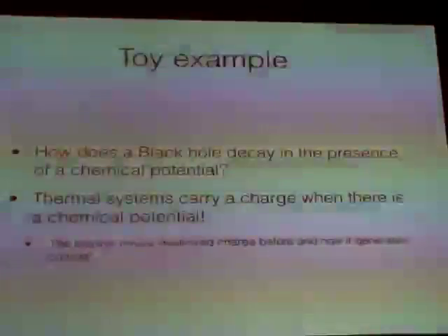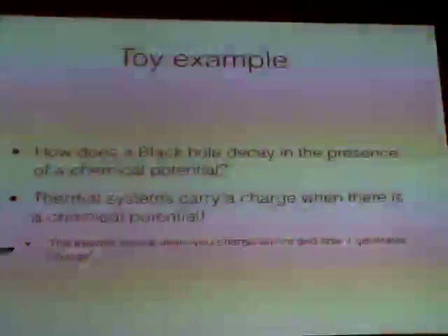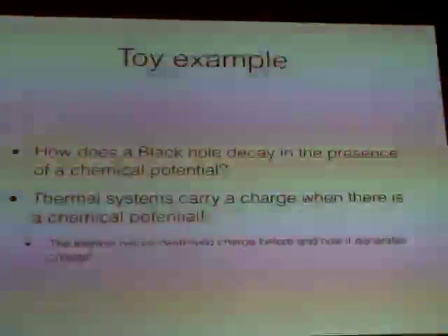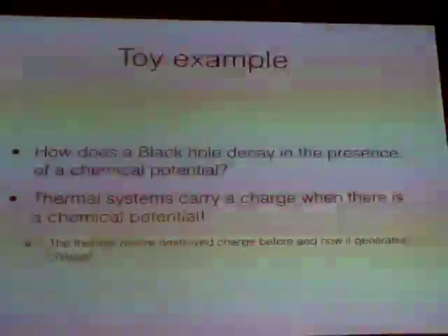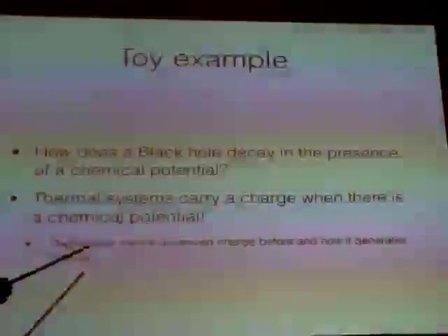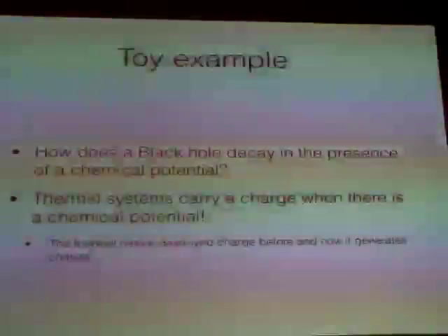But now, in the presence of a chemical potential, a thermal system carries charge, and so when the black holes are decaying thermally, they are radiating away charge. So basically, what was destroying the global symmetries before, the thermal nature, is now actually generating the global symmetry.